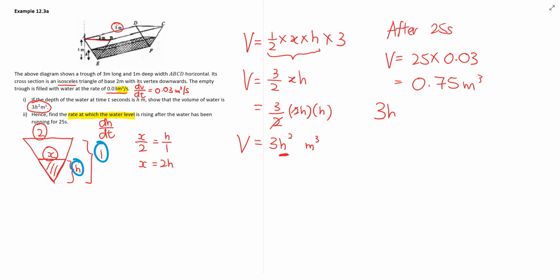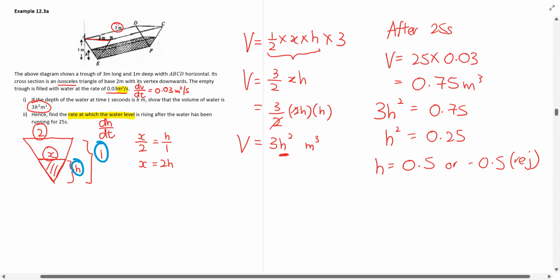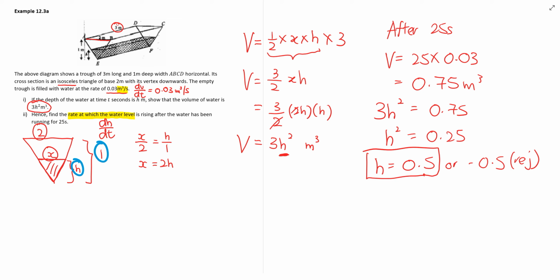So 3h squared is equal to 0.75. h squared is equal to 0.25. h is equal to 0.5 or negative 0.5 when you square root 0.25. In this case, the negative is rejected because the height needs to be greater than 0. So now I have that height is equal to 0.5.